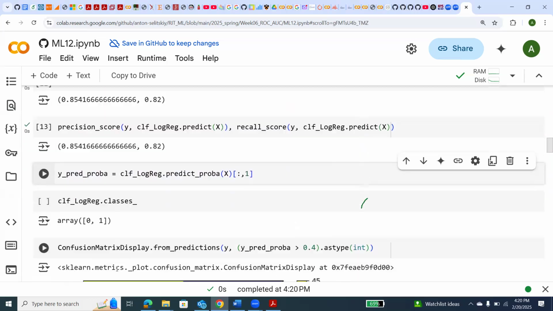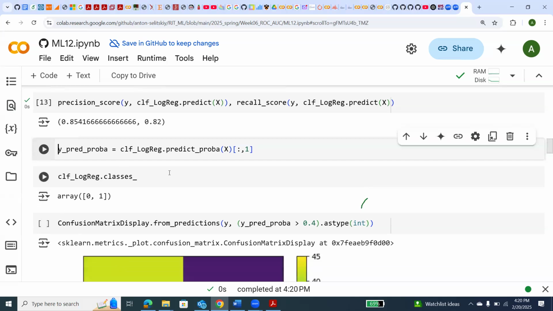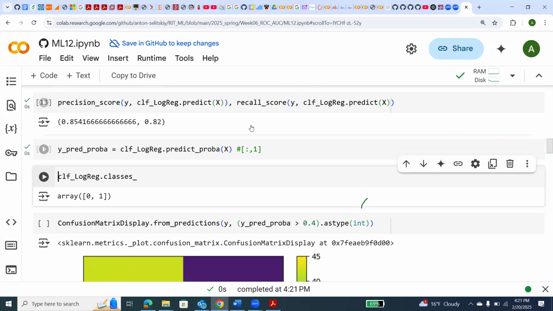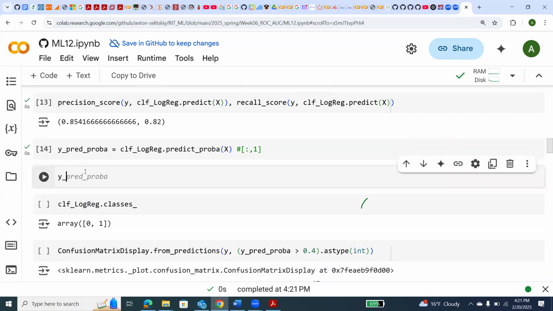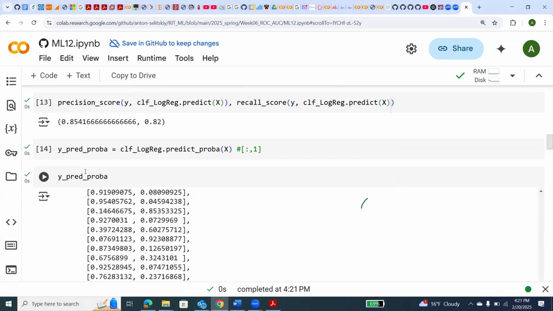Then we can return probabilities. As you remember, predict_proba returns 2 columns, 1 column for one class, 1 for another class. But the question is, which column corresponds to which class?